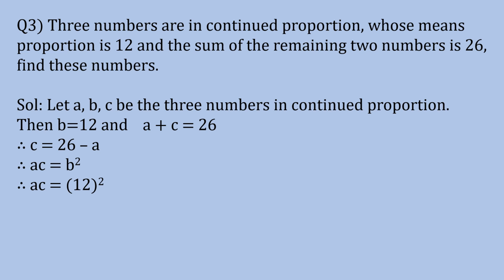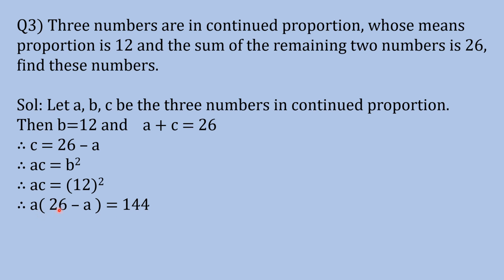Now student, in place of C also, we can write C equal to 26 minus A. So I will write A into (26 minus A). In place of C I have substituted 26 minus A, equal to 12 square, which is 144.